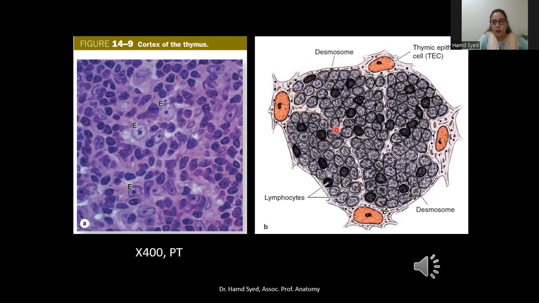So this creates a network known as the cytoreticulum. Reticulum literally means network, and cyto means cells. So this is a network of cells created within the thymus by the thymic epithelial cells. And on these processes and on this network is the attachment of, you can see, these lymphocytes.